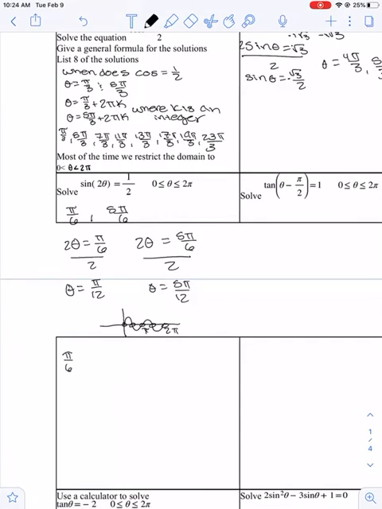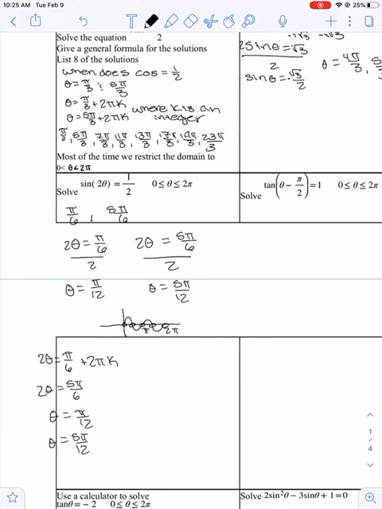So those solutions are theta equals pi over 6, theta equals 5 pi over 6, theta equals pi over 12, theta equals 5 pi over 12. And then again, we think of adding each time. And so 2 theta equals these from above.